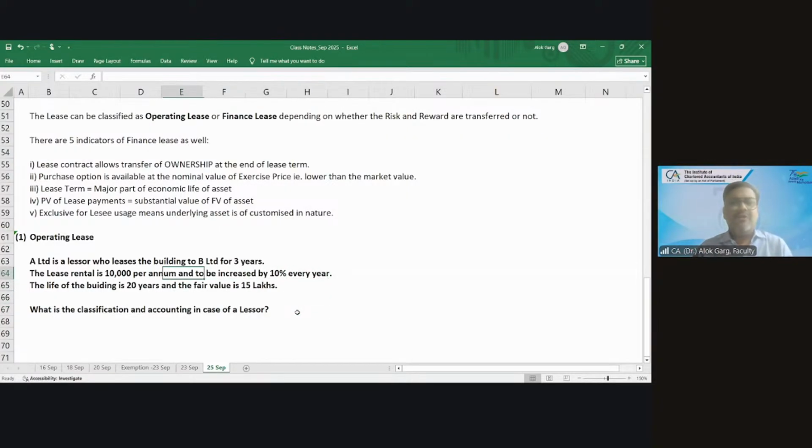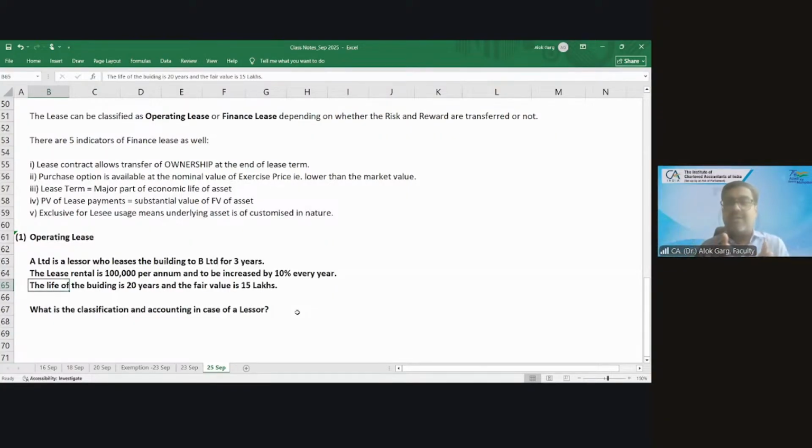Let me take 1 lakh per annum for 3 years. The total payment is 3 lakh plus the 10% escalation: 1 lakh, then 1 lakh 10,000, then 1 lakh 21,000. So almost 3 lakh 31,000.